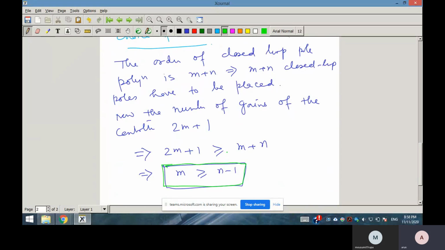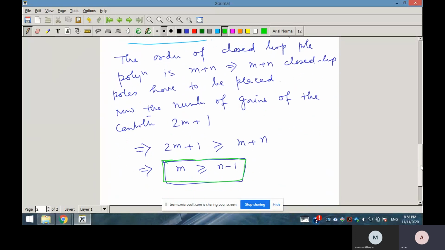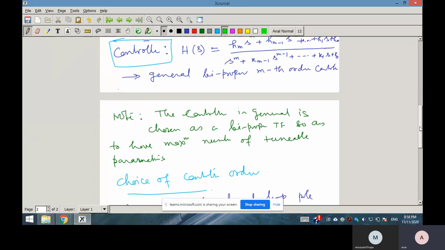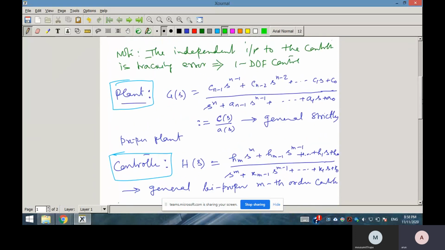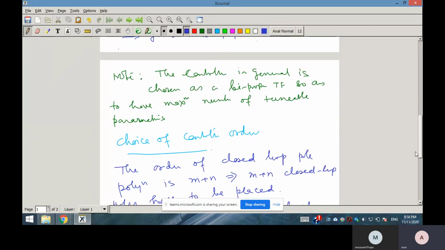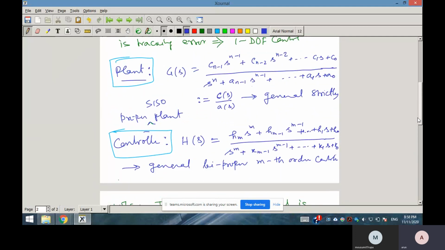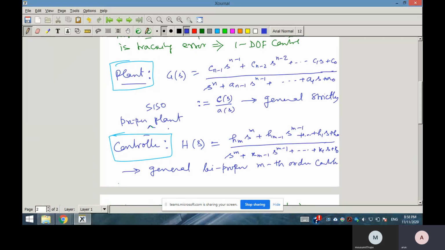So this is for an nth order plant, single input single output, generalistically proper. If you have a single input, this can be extended to single input multi output also.